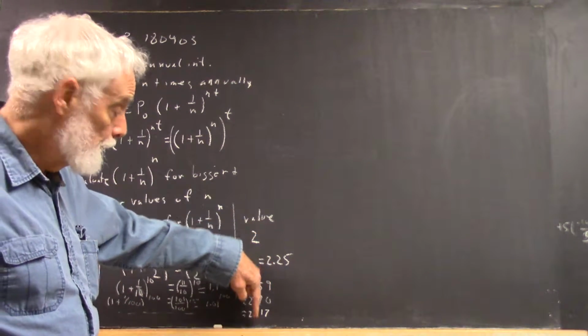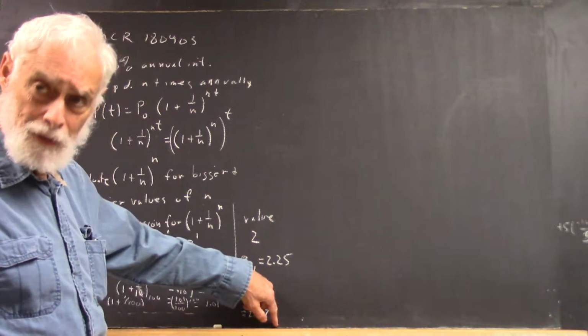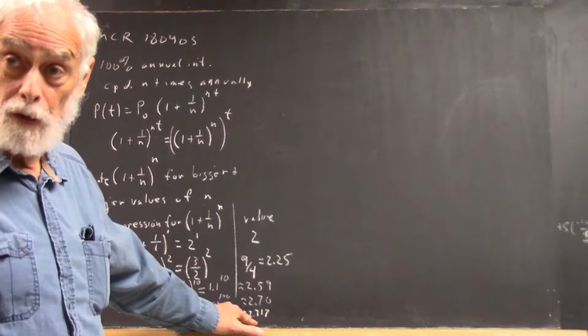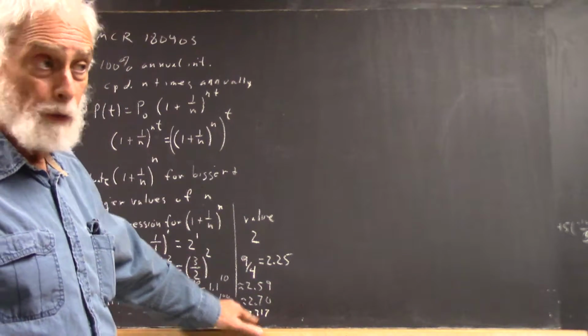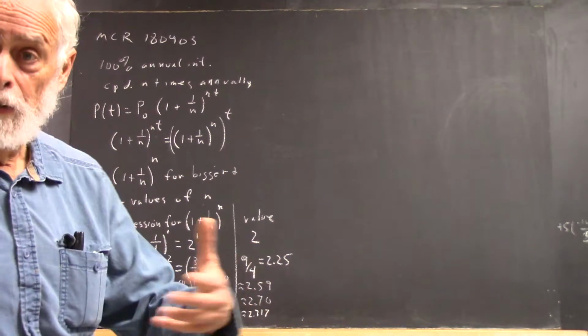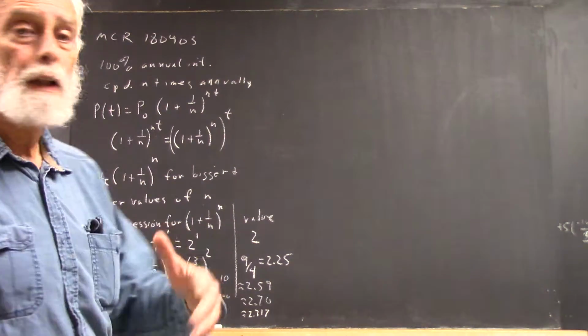So we want to see what the change is. We're going to have to carry enough significant figures out that we see the difference. Everything rounds off to 2.72 starting here. Well, we don't want to write down 2.72, 2.72, 2.72. It doesn't show us that the number is changing. Okay? So what do we get for the higher powers?